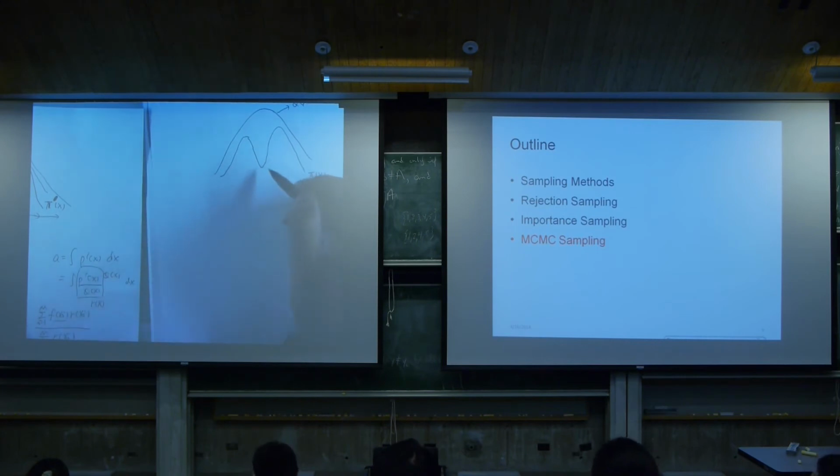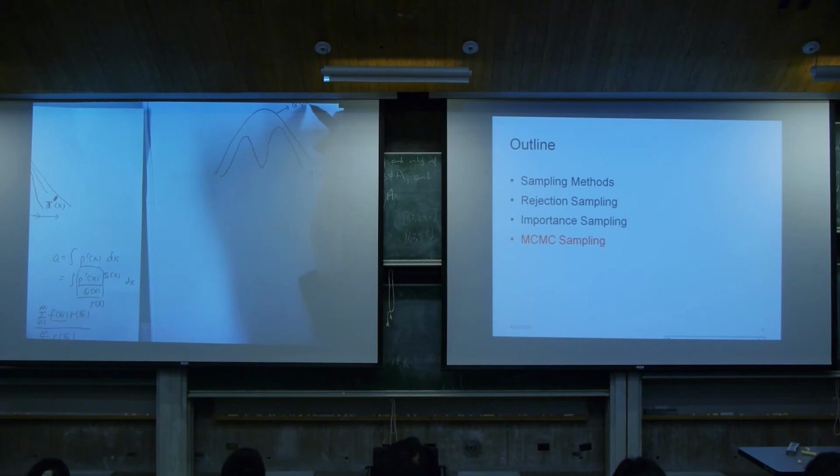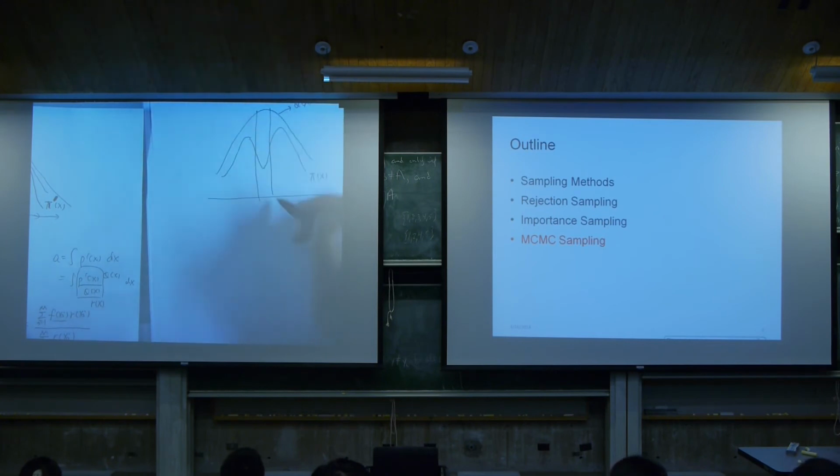The problem with these two methods is that all the samples are first obtained from Q of x, and the highest density of Q of x is in this region. So we are going to generate many samples here. However, for the target distribution P of x, the density is very low, and this will cause the problem.